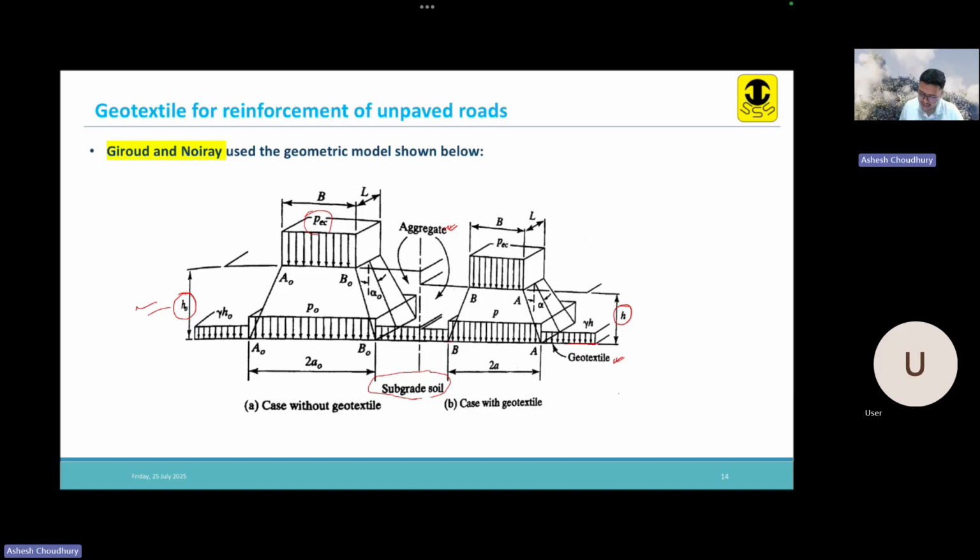Now you can see that they have considered that the wheel pressure will be distributed in a trapezoidal fashion at an angle of alpha naught.